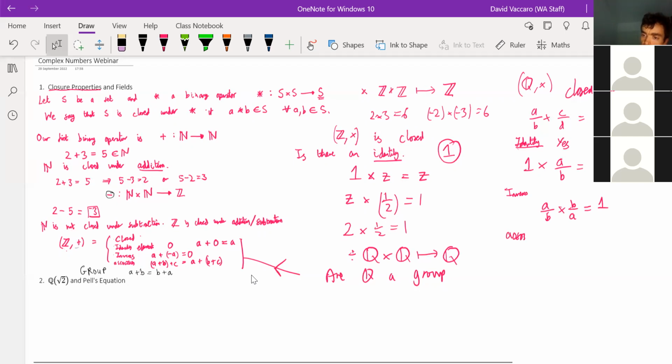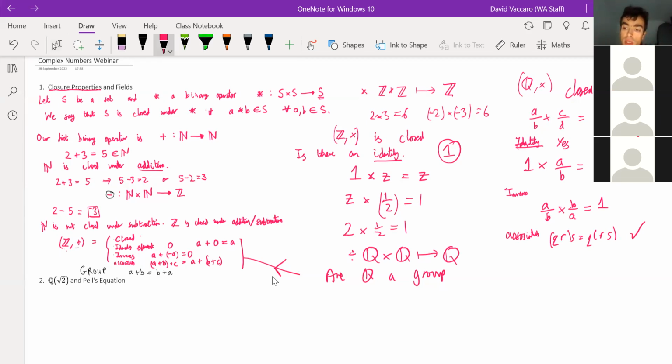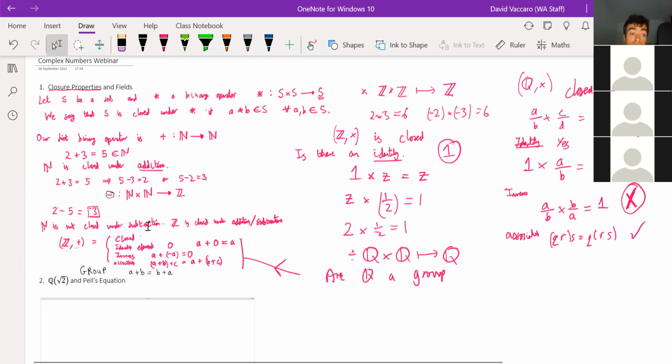Multiplicative inverses, well, a over b times b over a is equal to 1. And associativity, yes, if I multiply Q R times S, that is the same as Q times R S. So it looks like it's a group, but it's not, because it's not quite the case that everything has a multiplicative inverse. Is there any rational number that doesn't?